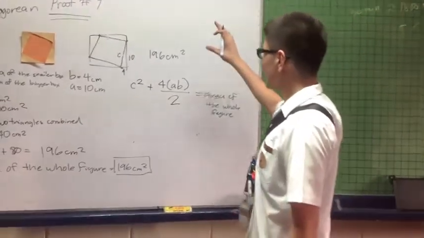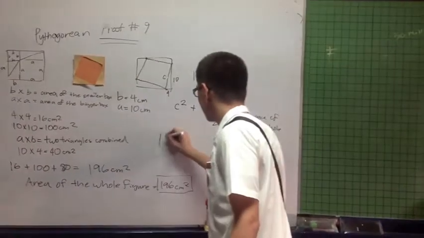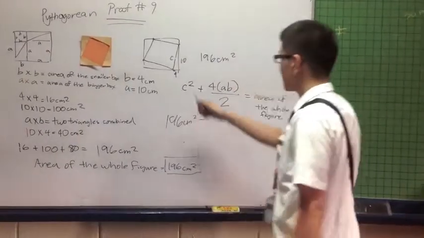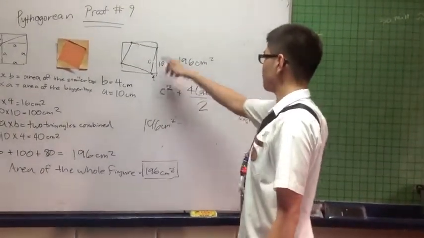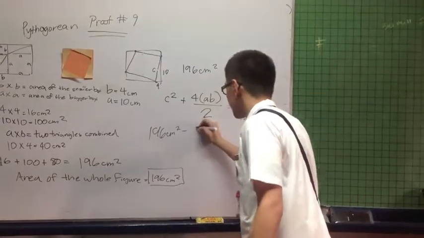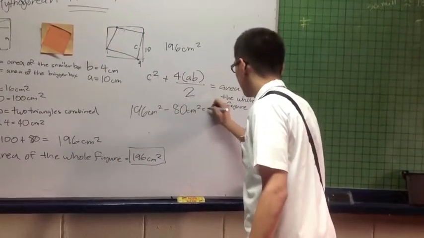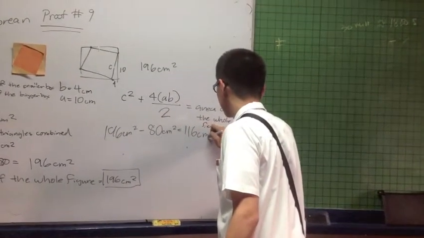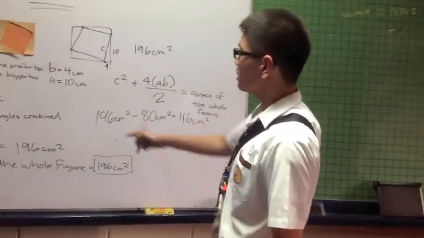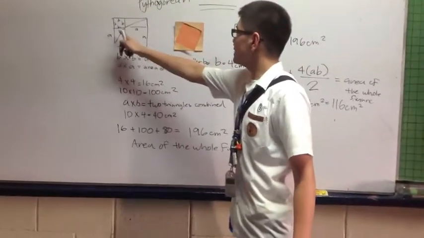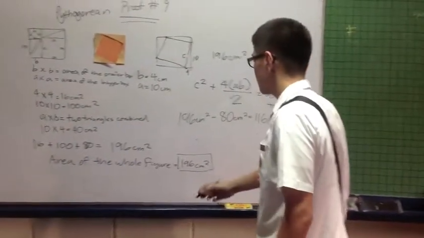We'll now subtract from the area 196 centimeters squared the area of the triangles here, which is 80 centimeters squared. And we'll get 116 centimeters squared, which is equal to what we'll get if we add a squared and b squared of the other figure.